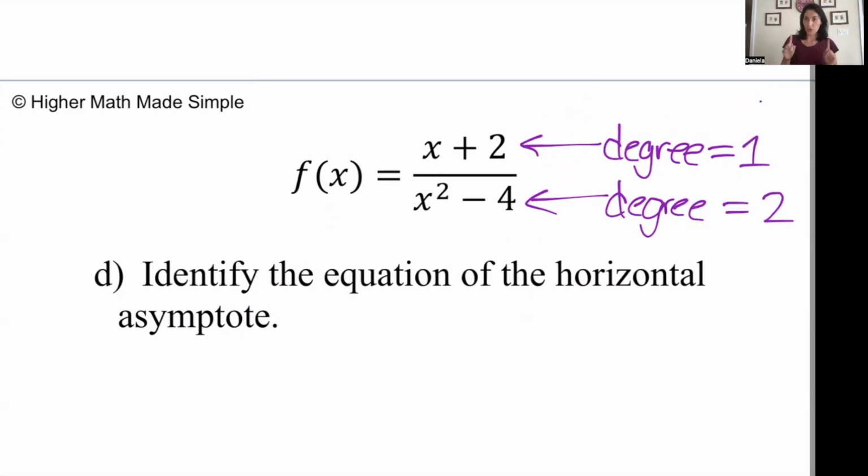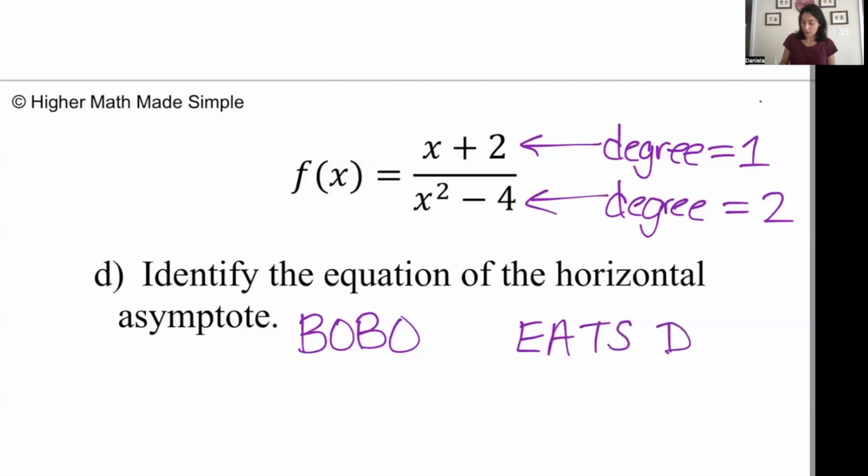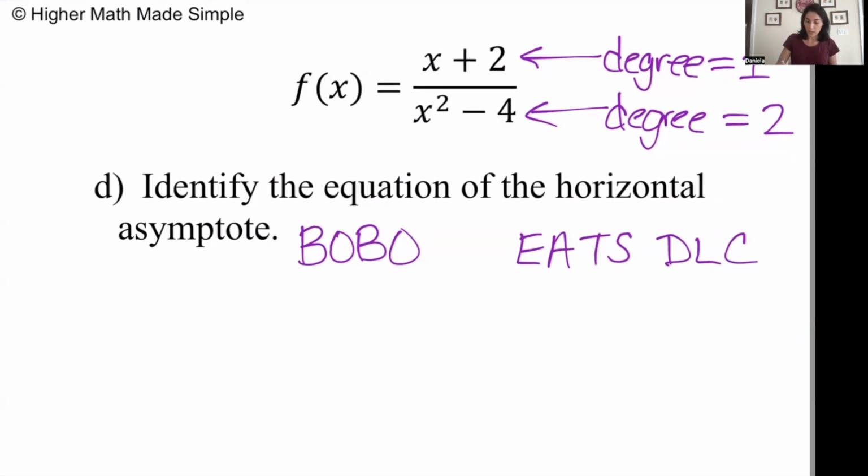And then, as I said, there's two different scenarios. Either it's what I like to call Bobo, and the other one, I like to remember it as eats delicious lava cake, DLC, delicious lava cake. So it's either Bobo or eats delicious lava cake. So here's what they stand for.